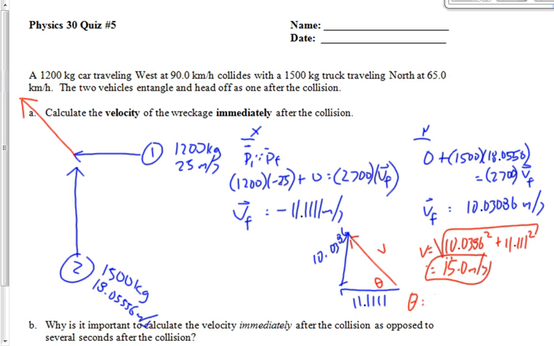The angle here is the inverse tan function of opposite over adjacent. The opposite is 10.0386. The adjacent is 11.1111. So that's going to give me about 44-ish, somewhere close to 45 degrees. I don't remember what it was in period 1. Okay, 42.07. We're going to round that to 42.1 degrees.